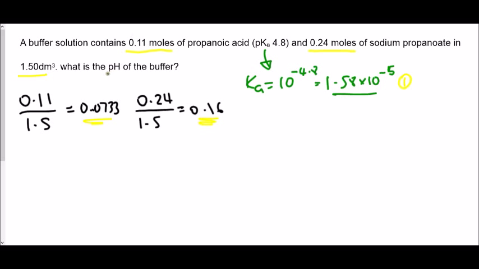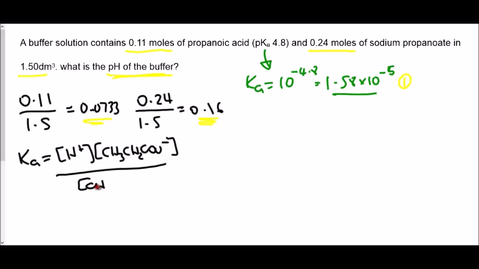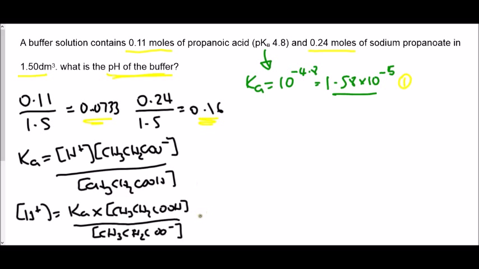Next thing we're going to do, it tells us to calculate the pH of the buffer. If we're going to calculate the pH of the buffer, then we're going to be using the Ka expression and we're going to rearrange it to give us H+. Next we're going to put the numbers in. So again, you should have left this in your calculator from earlier, so you shouldn't be introducing rounding errors.